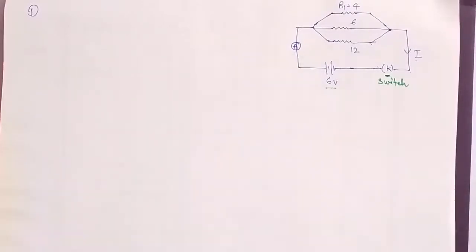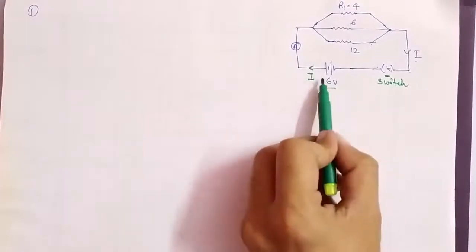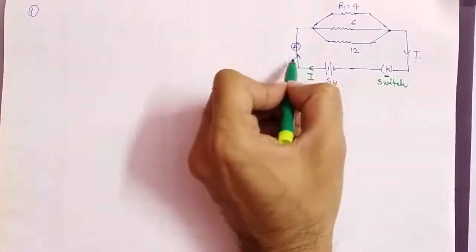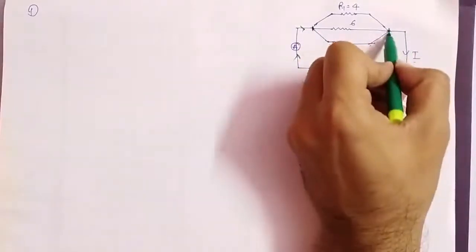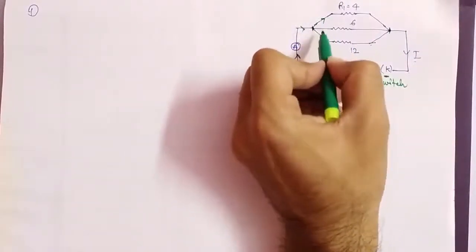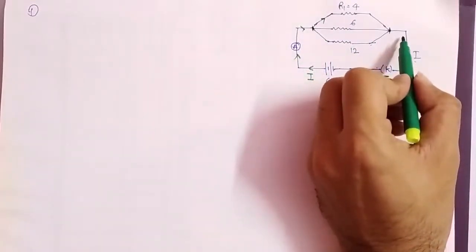If we start a current from here, it will flow like this, and on coming to this junction we can see the current has three different pathways to go to the right side of the circuit. Whenever there is a junction and a division of current, we call it a parallel connection.